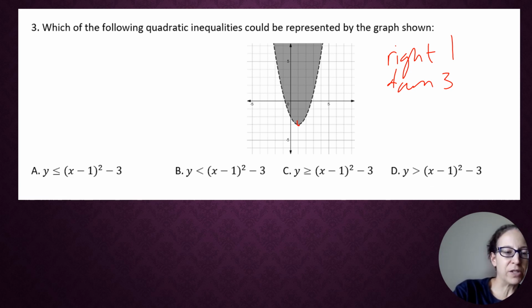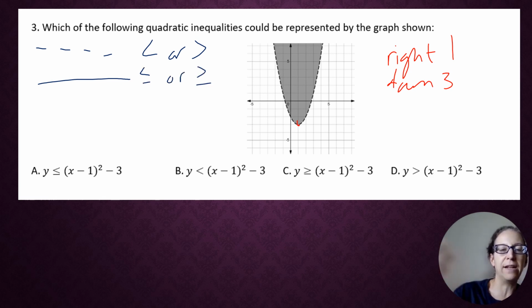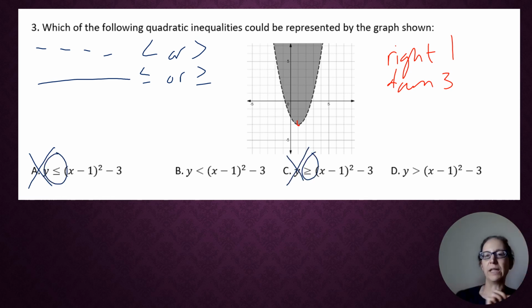So here's some things to remember. A dashed line means that you have greater than or less than without the equal to. A solid line means that you'll have the equal to. So because this is a dashed curve, I know that it's not going to be either of those, because that symbol there would give me the solid one.